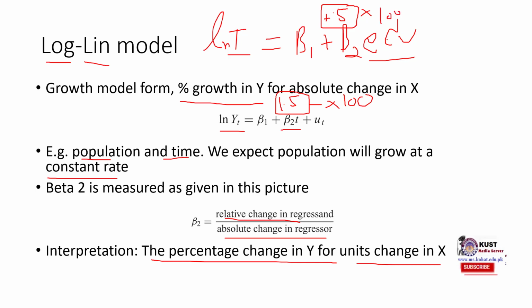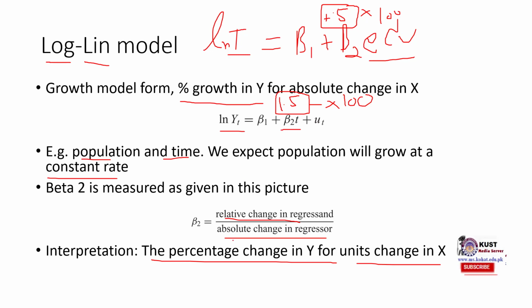So every 1 year increase in education, the salary would increase by 50%. And in the population case, it would be quite a large value, but it would be 150, so each year the population would increase by 150%.